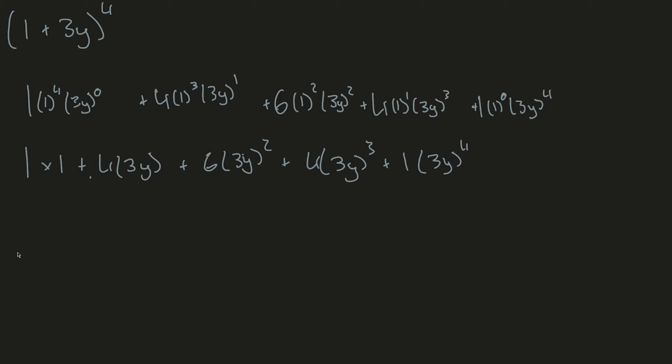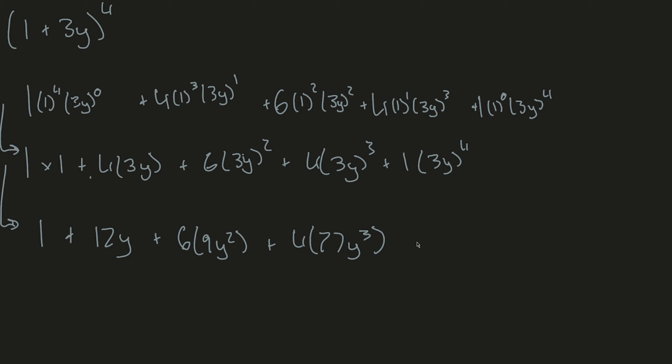So if we do this another layer down again, we can see that it's 1 plus 12y plus 6 outside of 9y squared, plus 4 outside of 27y to the 3, plus 81y to the 4.